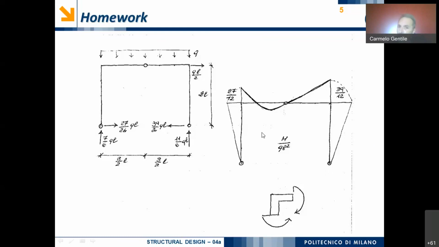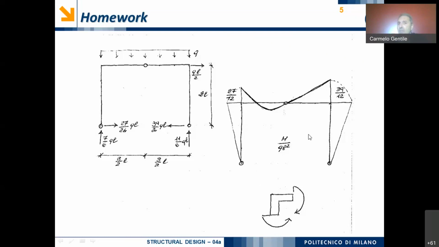And of course, in order not to have a rotation of this angle, and also of this angle, if in the column there is a bending moment whose value is 27/12, also on this side there should be a bending moment whose value is exactly the same. And the same happens on the right-hand side.